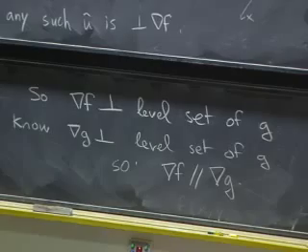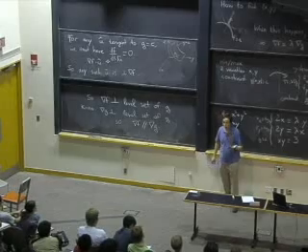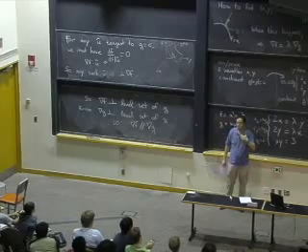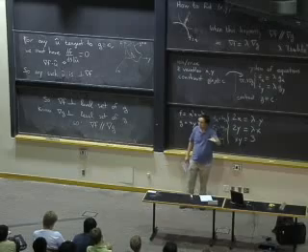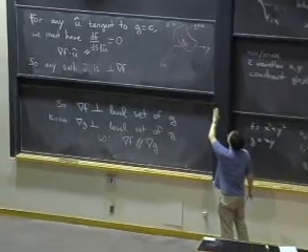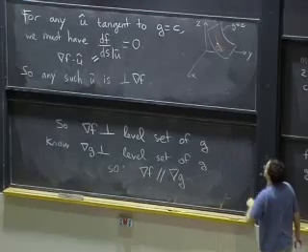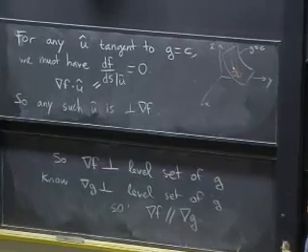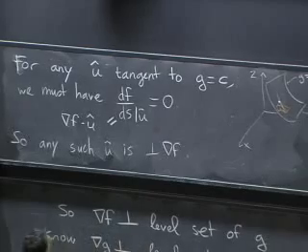We said if we have a constrained minimum or maximum, if we move in the level set of g, f doesn't change. Well, it doesn't change to first order. Remember, it's the same idea as when you're looking for a minimum, you set the derivative equal to 0. So the derivative in any direction tangent to g equals c, the directional derivative of f in any such direction, should be 0. That's what we mean by a critical point of f.